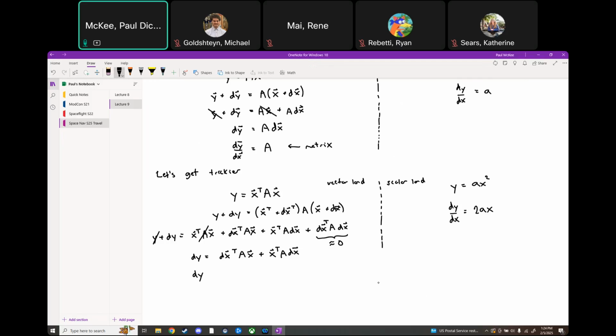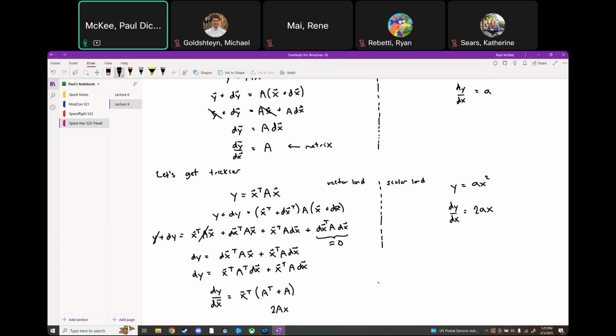This is really x transpose A transpose dx plus x transpose A dx, or dy/dx is x transpose times A transpose plus A. Which might look a little weird, but it kind of looks like 2ax if you blink.